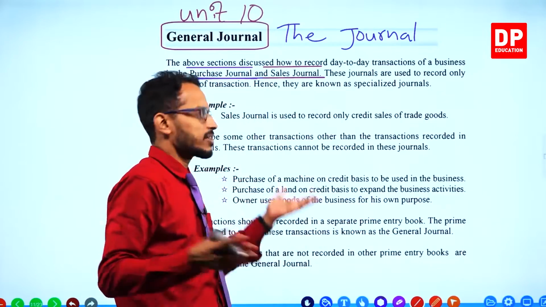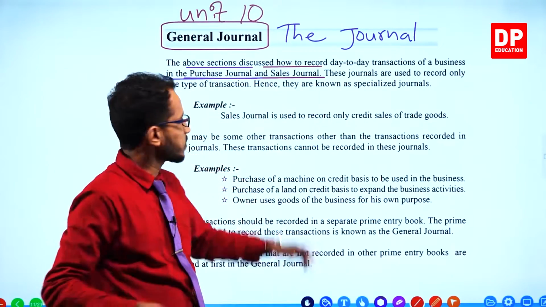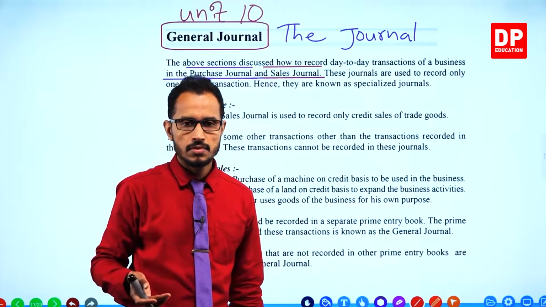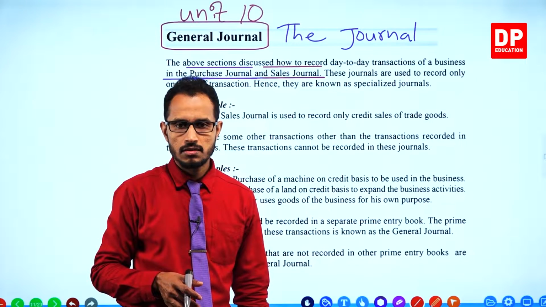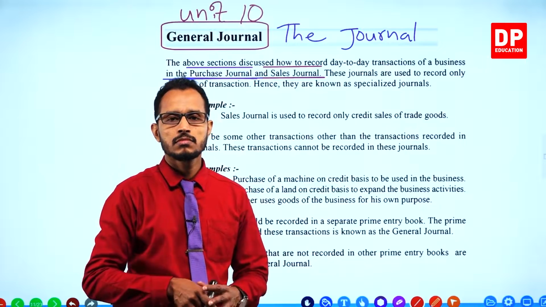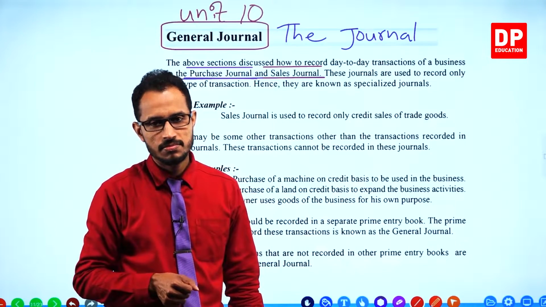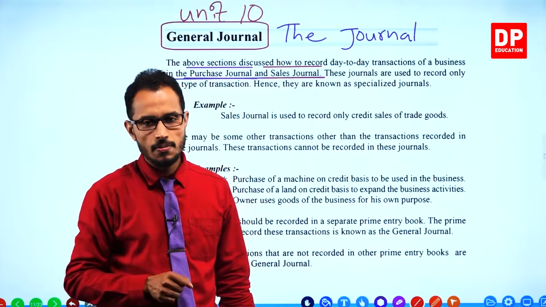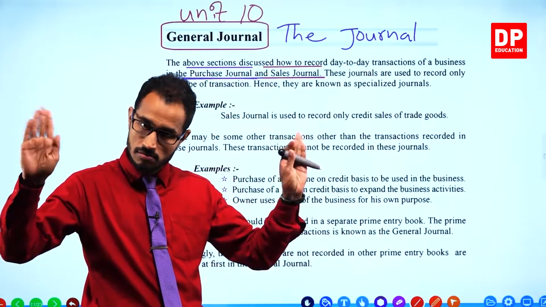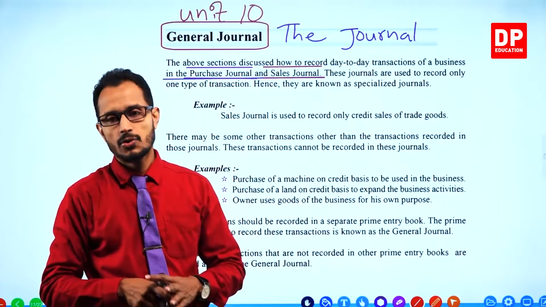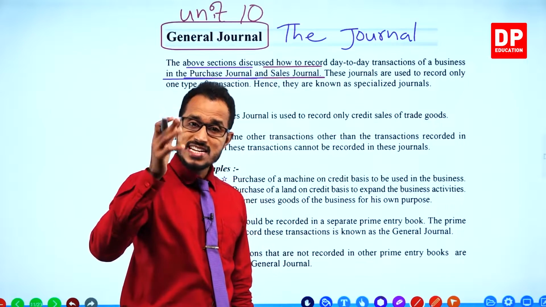When you sell anything in the business, you record in the sales journal, all the sales. Wrong again. Not all sales transactions are recorded. Only credit sales of trading goods are recorded.